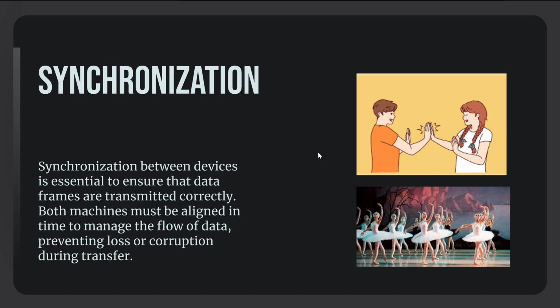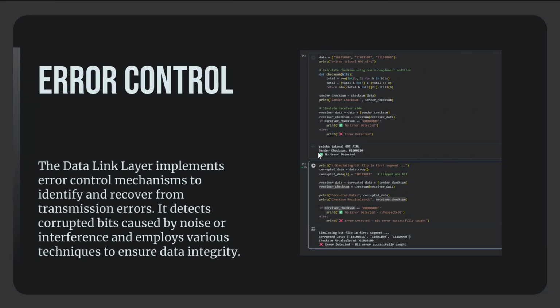The data link layer also follows synchronization. Just like dancers, synchronization between devices is essential to ensure that data frames are transmitted correctly. Both machines must be aligned in time to manage the flow of data, preventing loss or corruption during transfer. Moving on to error control, which deals with data bits getting corrupted during transfer. You can see it here from an actual data example. The actual data is this, and the checksum is calculated.